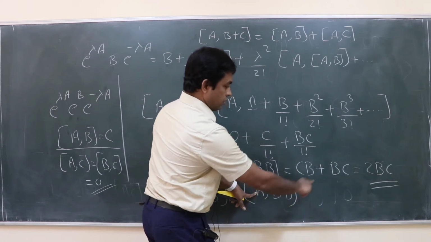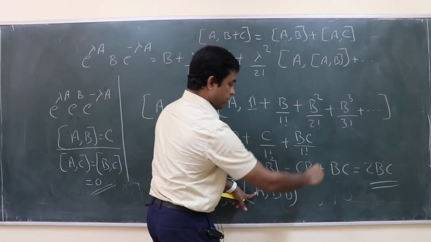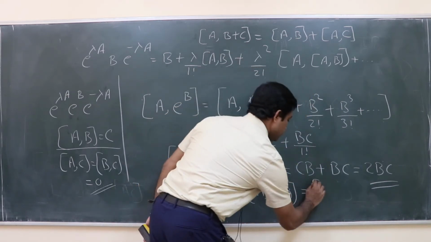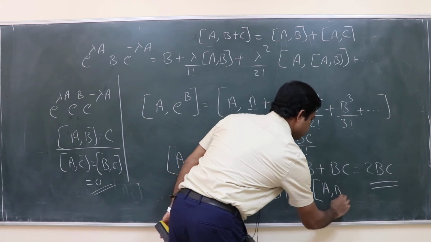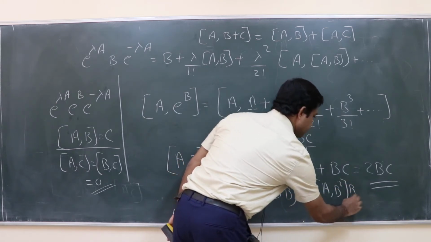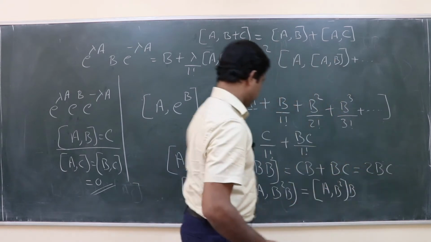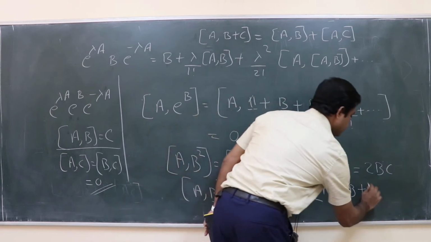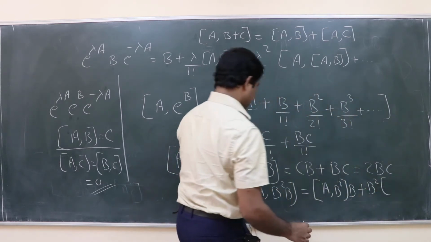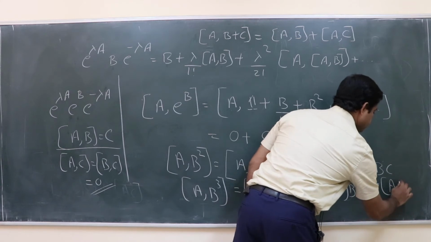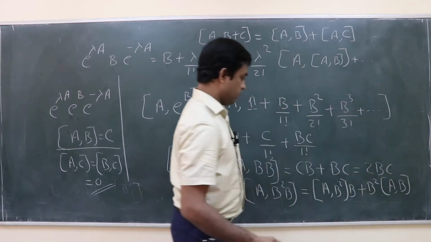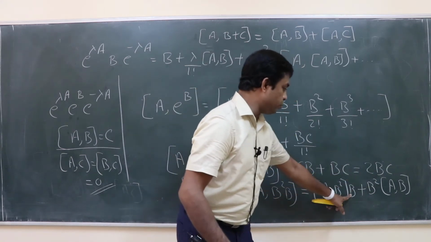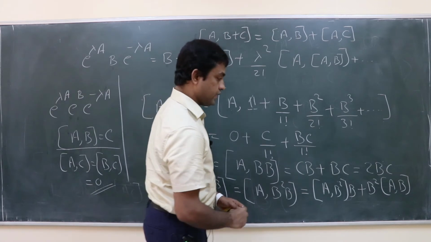I can go a little slowly. So what is a with b square? 2bc. So 2bc into b is 2b square c.